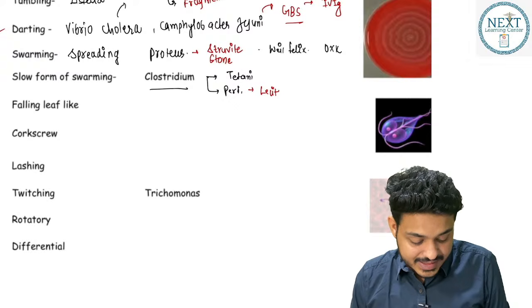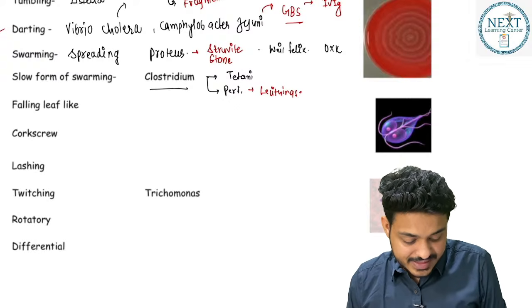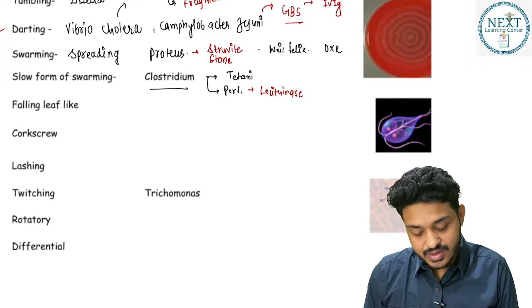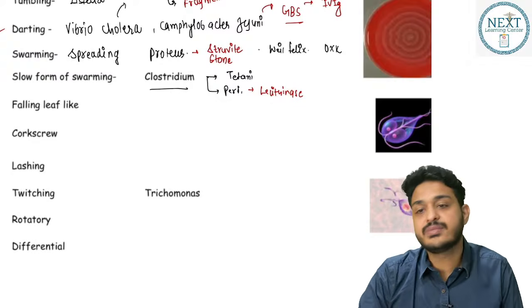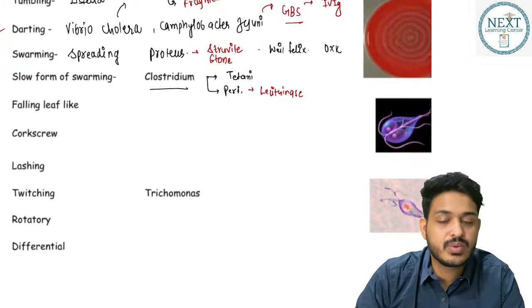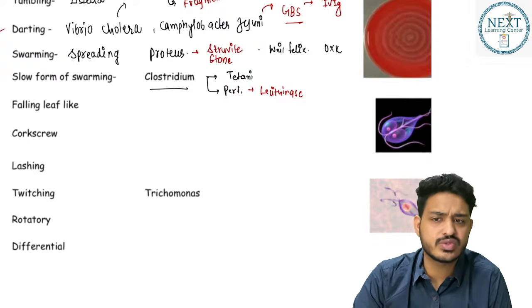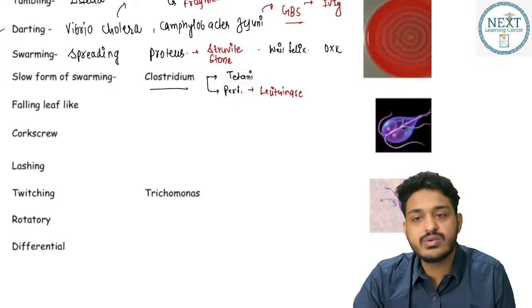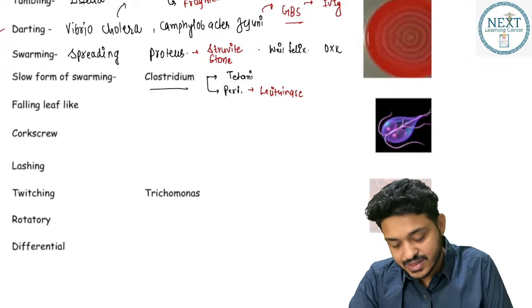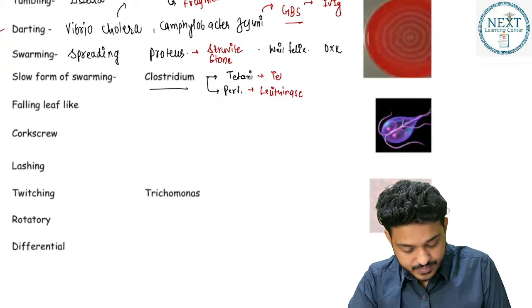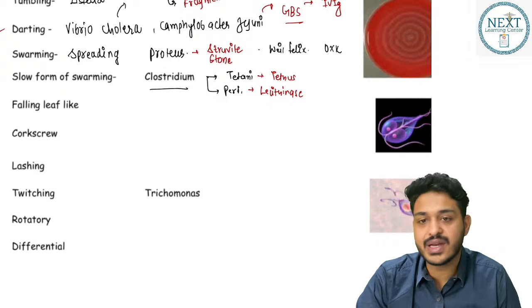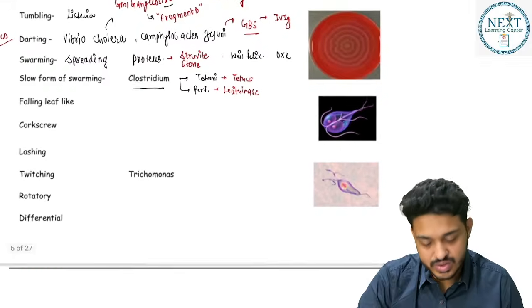This is your lecithinase, right? Lecithin is a lipid, so it is going to break the lipid. It is responsible for the putrefaction post death of a person. This Clostridium perfringens can also cause food poisoning. Tetany, you already know, this can cause what? Tetanus, right? Clostridium tetani, right? So this is going to be Clostridium, right?